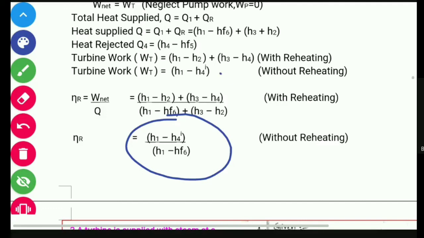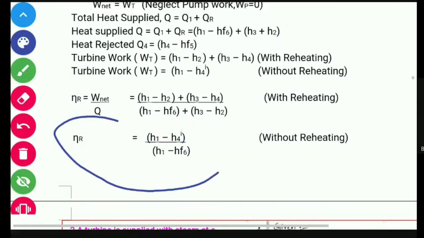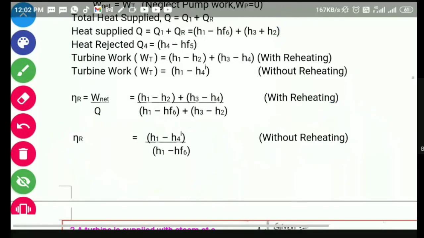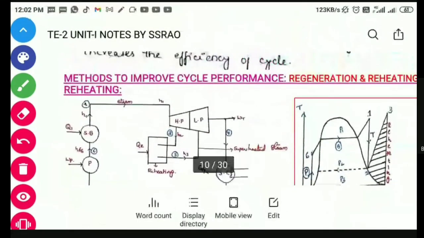So this is the work without reheating, and this is heat to the boiler. Okay, there is no reheater means there is no heat to the reheater. That means this term will be 0. Okay, like that. This efficiency is similar to the Rankine efficiency. Okay, without reheater means the simple cycle. That's a Rankine cycle. Okay, like that it will be. Right. Any doubts in this? Any doubts?